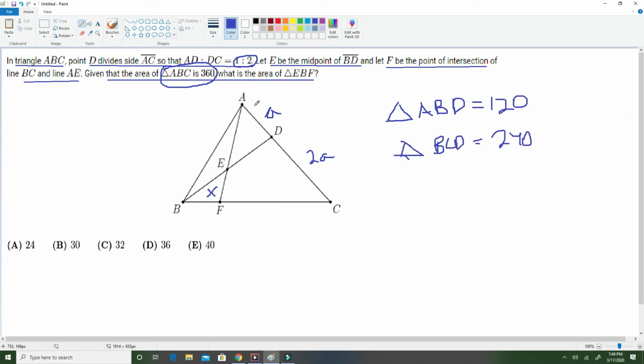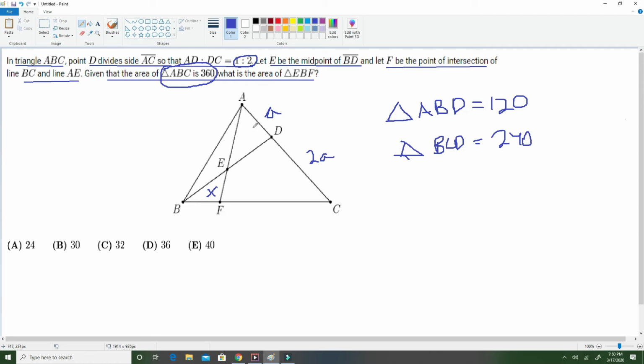Going one step further, the same thing we observed with triangles ABD and BCD can also be observed with triangles ABE and AED. Both these triangles share the same height, and unlike the other two triangles, they also share the same base. The area of a triangle is base times height over 2, so considering all these factors are the same, triangles ABE and AED have the same area.